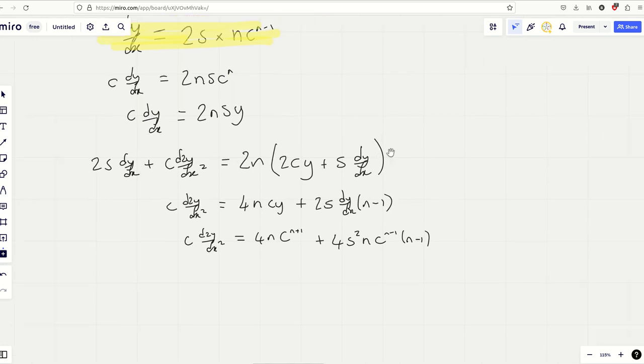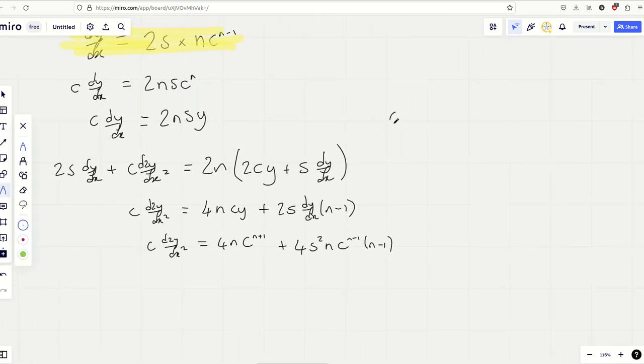Okay, now you'll notice there's no sinh in the answer, so I'm going to change that sinh squared, using the standard identity cosh squared 2x minus sinh squared 2x equals 1, and so sinh squared 2x is equal to cosh squared 2x minus 1. So I'm going to replace that with what it is.